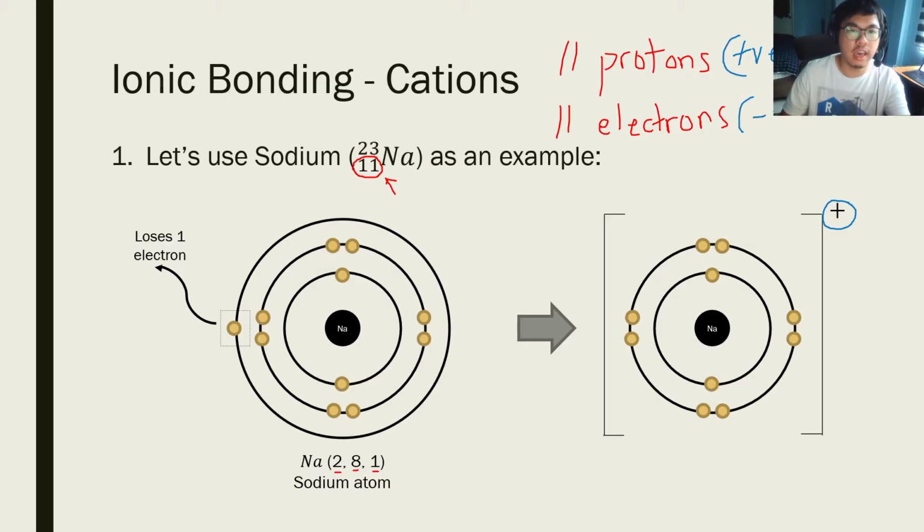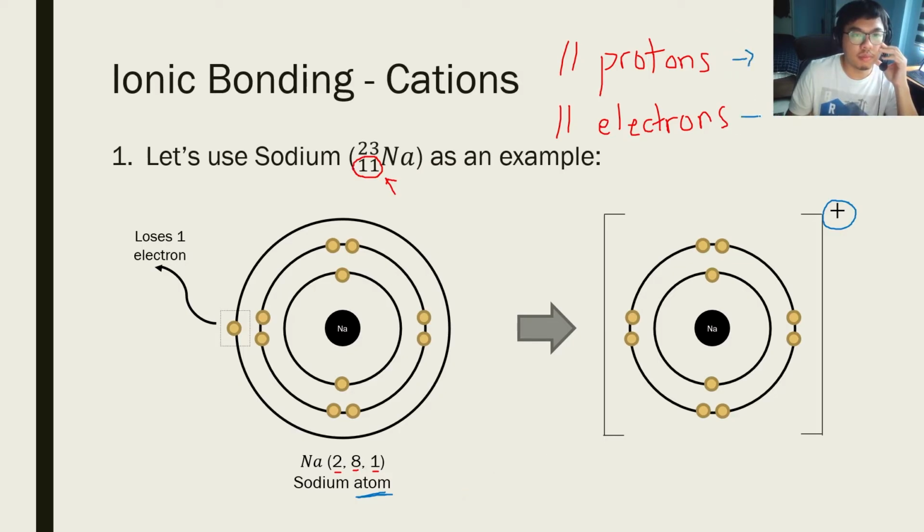Electrons have negative charges. So you have 11 positive charges against 11 negative charges. Plus and negative cancel out each other perfectly. So the sodium atom in the beginning is what we call neutral.